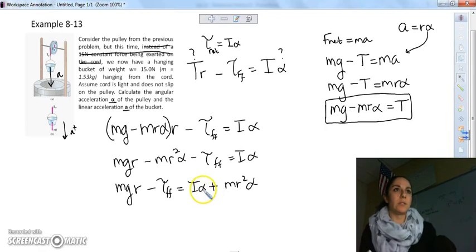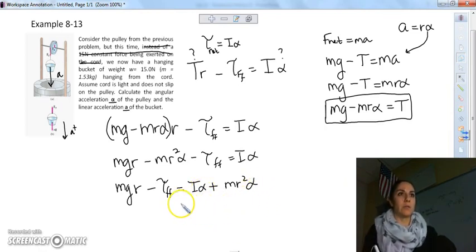Now, luckily there's alpha in both terms, so I actually can extract out the alpha. So what I get is alpha times I plus mR squared, like that. I just factored out the alpha. And now what I'm going to do is divide, I left this blank, I shouldn't be lazy, there we go, let's write it in. Now solve for alpha.